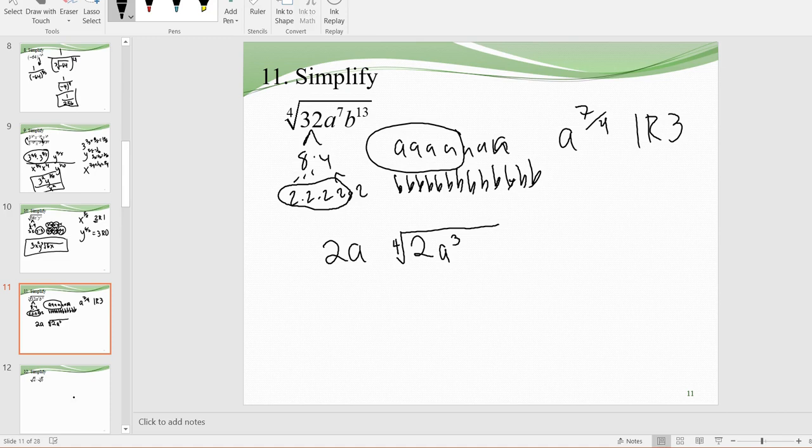And then I could circle 3 groups of 4. So b cubed would come out with 1 left over. Or I could think of that as b to the 13/4. So that would be 3 remaining 1. 1 would be remaining in there.